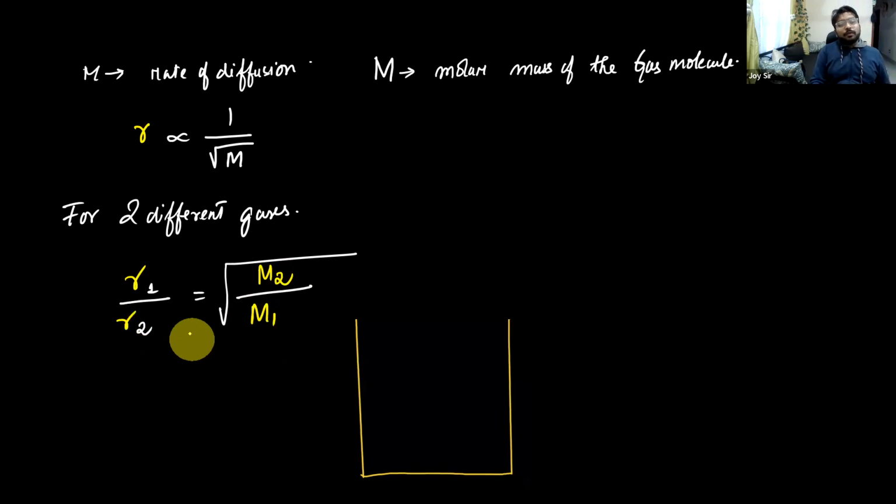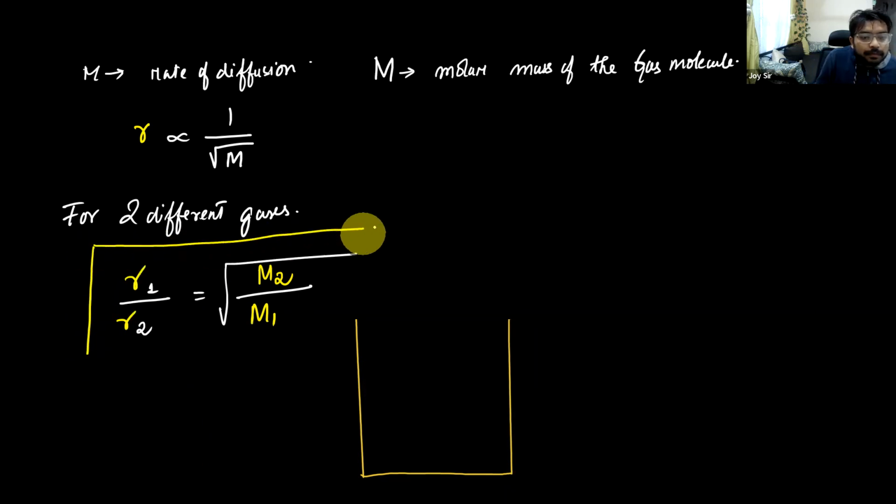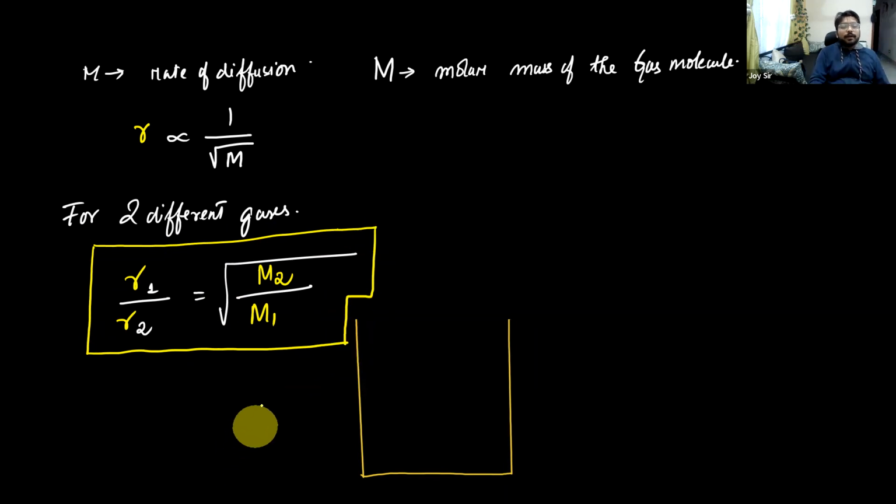So R1 by R2 is equal to root over M2 by M1. Clear? This is the formula for Graham's law of diffusion. This formula is used to determine many things, for many different questions.